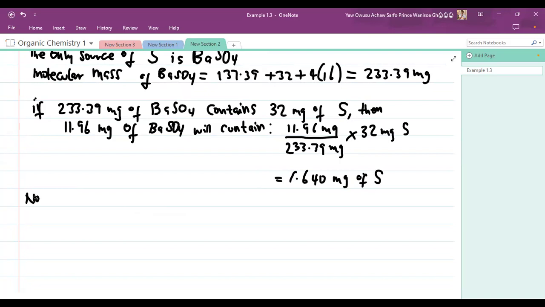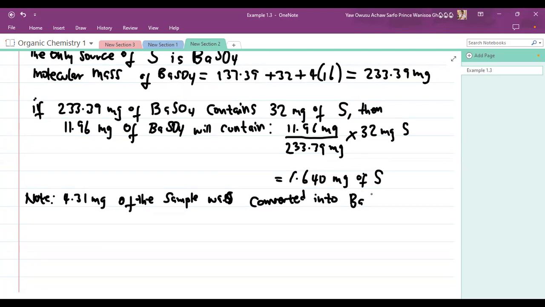Note that the 4.31 milligram of the sample was converted into barium sulfate.